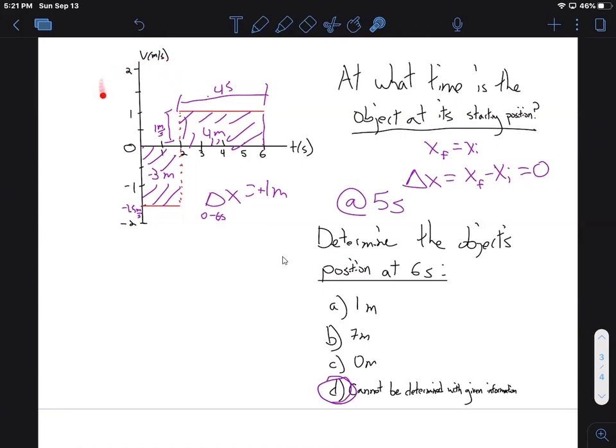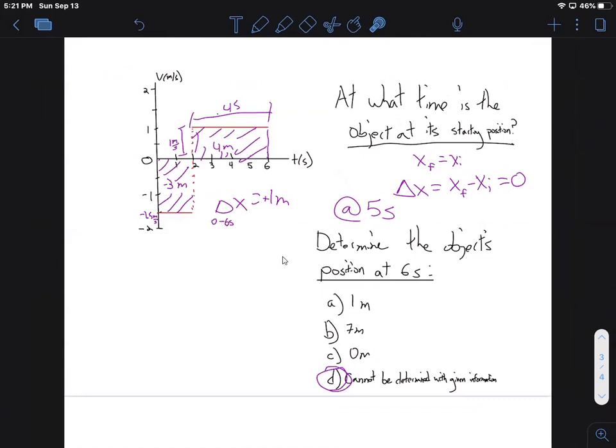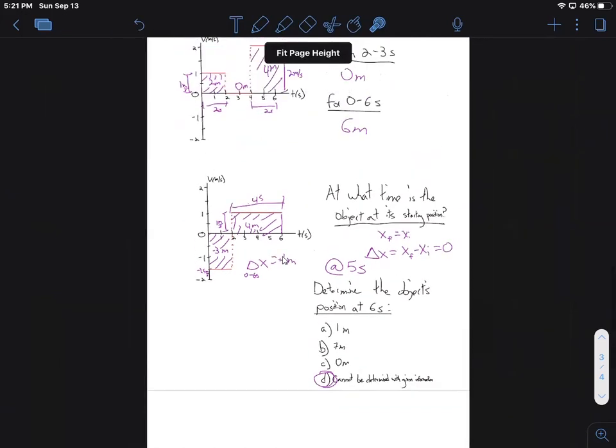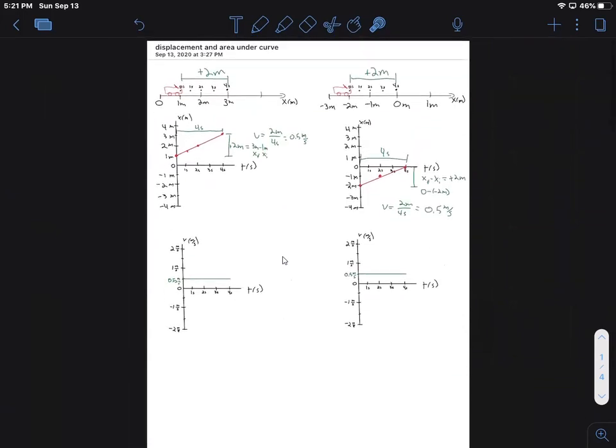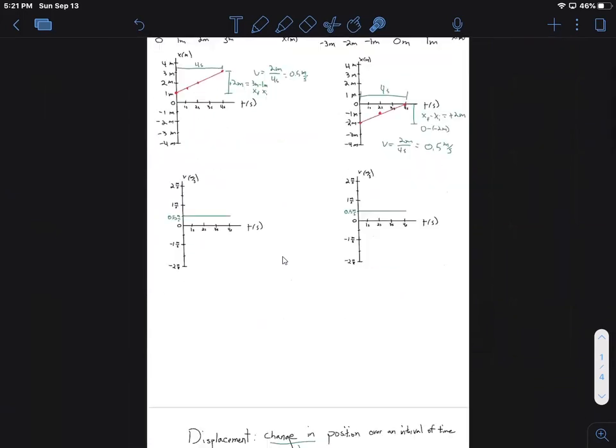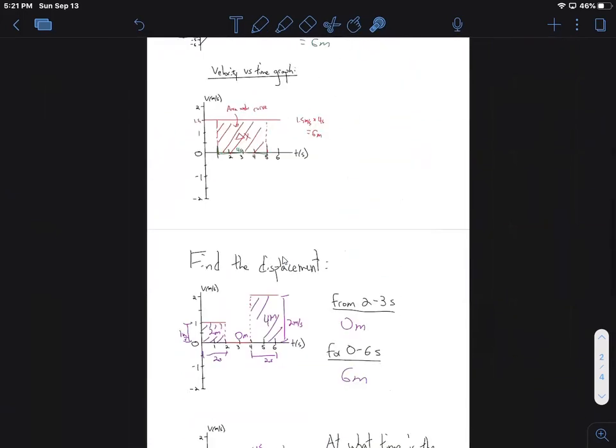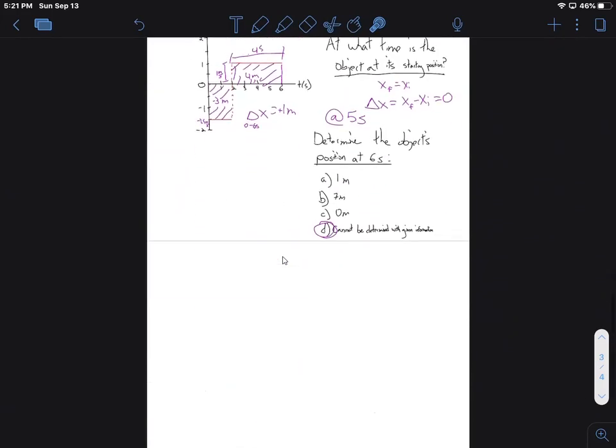All I know from the velocity graph is the displacement. And this is why we'll often use displacement, because we don't really care about the original position. That's completely up to whoever came up with their coordinate axis, whoever determined where the origin is. As we saw before, the displacement will always be the same. So we don't have to worry about where did we put the origin.